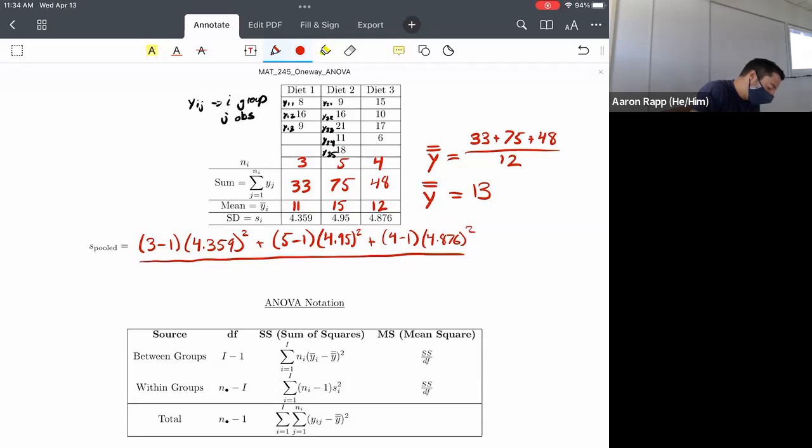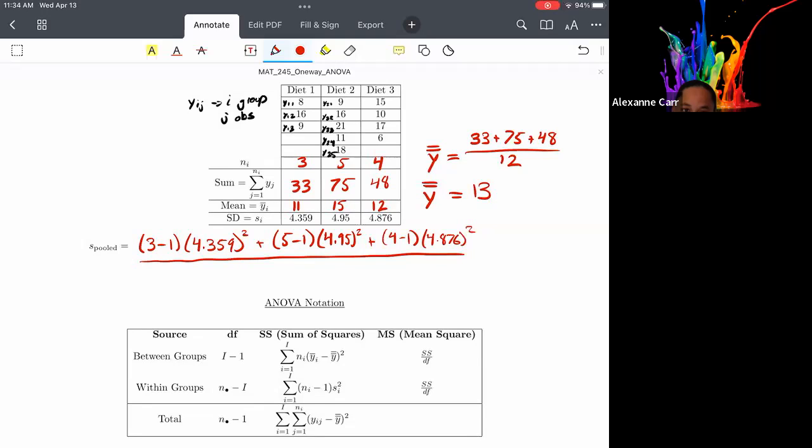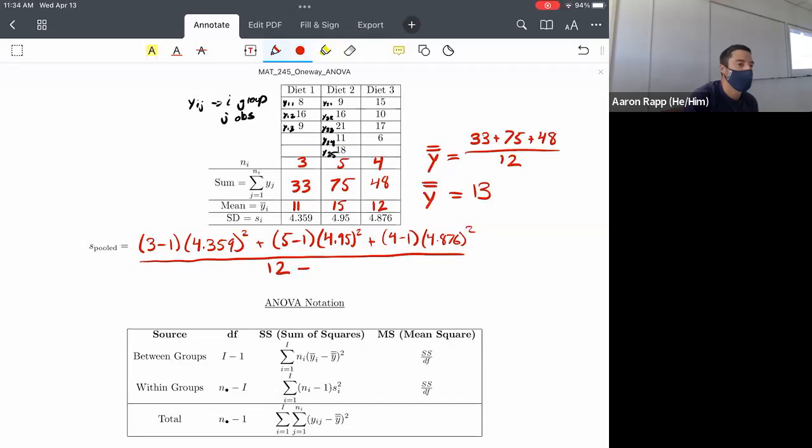And I'm going to be dividing it by the total number of observations that we had across all the diets, which again is what? 12. And then I subtract the number of groups that I had. And how many groups did we have? 3.